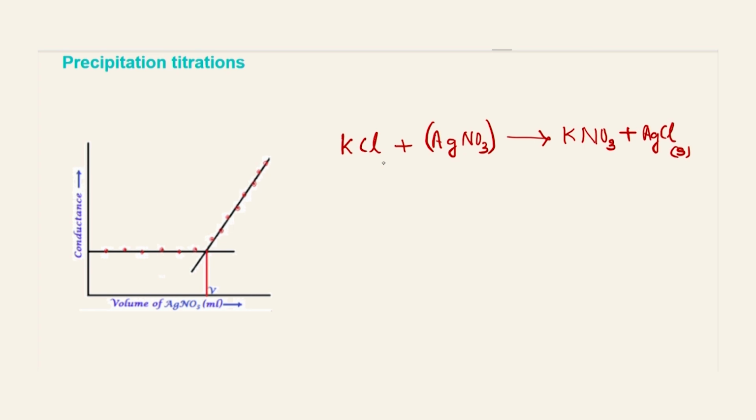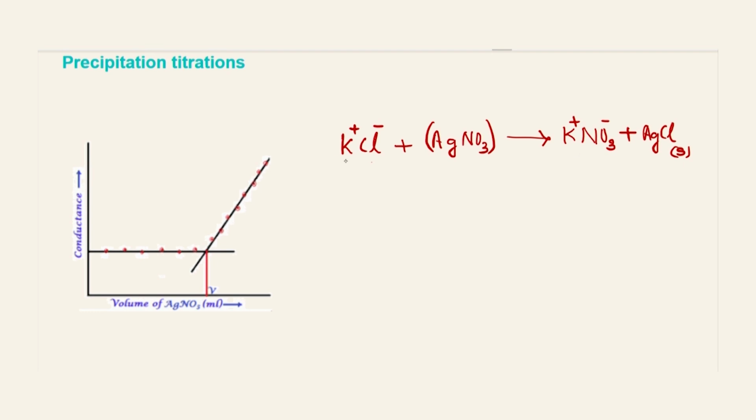detections. Here potassium chloride is a strong electrolyte which is completely ionized, and potassium nitrate, which is formed by the addition of silver nitrate, is also a strong electrolyte, and so that will be completely ionized. Silver nitrate will be in excess only after the equivalence point. Now, in the reaction vessel, you will be having potassium chloride, and when we add silver nitrate, each of the molecules of potassium chloride gets converted into potassium nitrate.